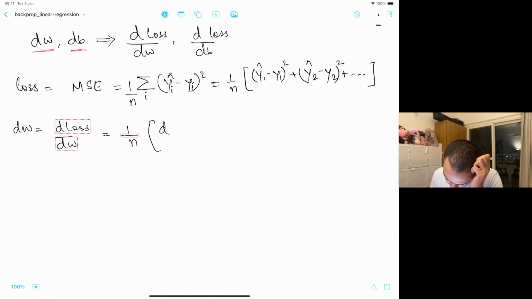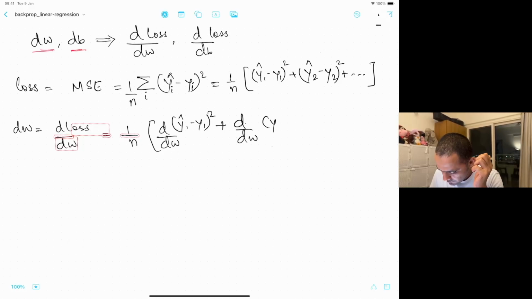This entire thing will become d over dw of y1 hat minus y1 squared plus d over dw of y2 hat minus y2 squared, and so on.